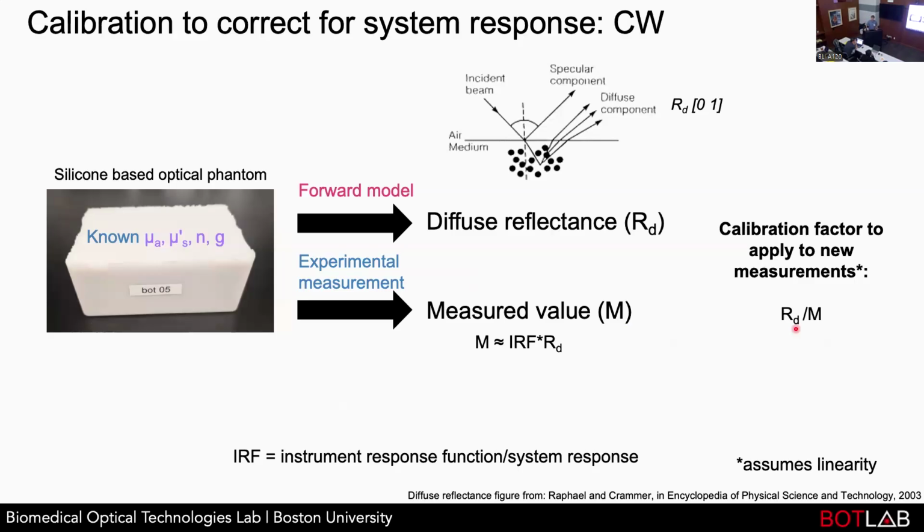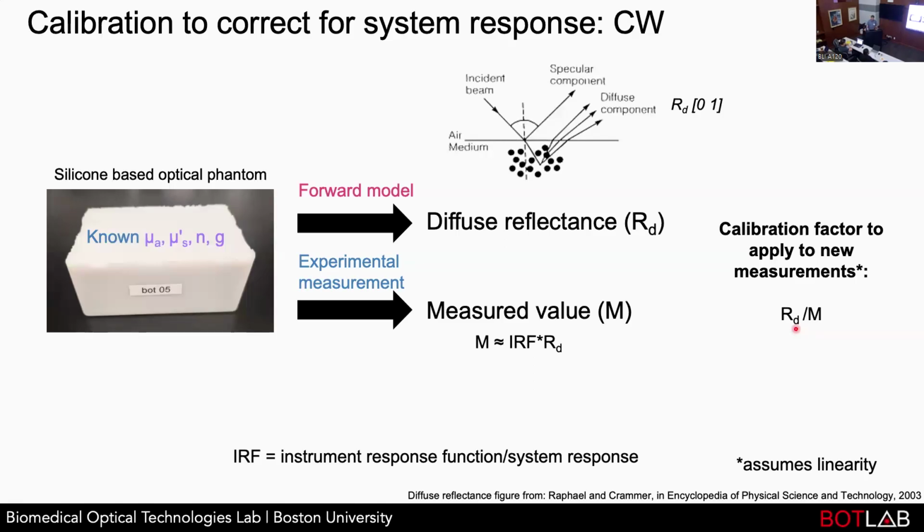Yes? So Darren, you're mentioning, at least in the title slide, this is for CW, right? So for CW, we typically do, say, for argument's sake, let's just say we're doing a spatially resolved measurement. So in that case, would the IRF depend on source detector separation? We would typically have a calibration factor for each source detector separation.